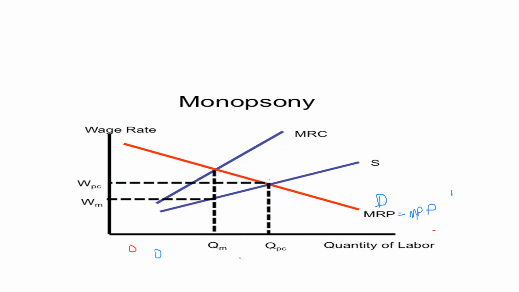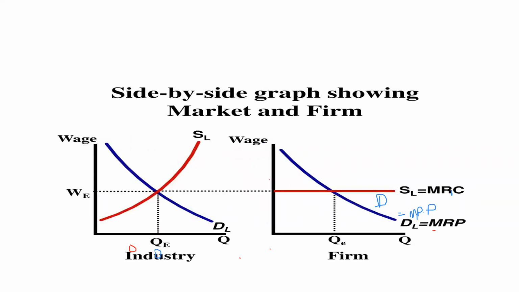Okay. And then the last thing is, I just wanted to show you the side-by-side labor chart again, just because, again, we didn't do this a lot. It's the supply and demand. Instead, it's wage, right? And then you take it across, but instead of taking Mr. Darp across, you take supply equals MRC equals wage. And then you have downward sloping demand equal MRP.